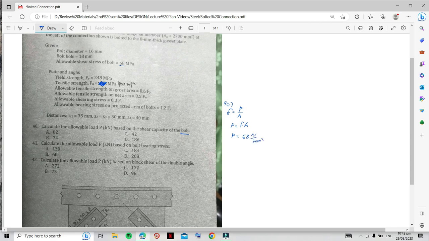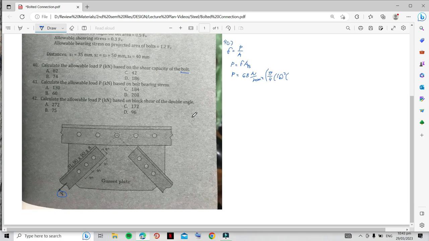The area here is the area of the bolts, which is pi over 4 d squared. The diameter is 16, so 16 squared, multiplied by how many bolts will be carrying the load. The number of bolts is 1, 2, 3, so you should multiply it by 3.